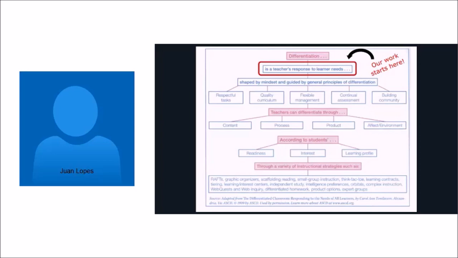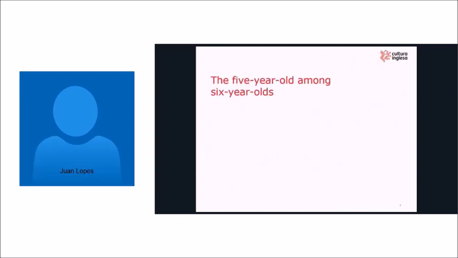But let's talk about the cases themselves. I think enough with theory here. Let's talk about how we can apply these things. Well, let's focus on the 5-year-old among 6-year-olds. Some of the ideas that we can use that come from differentiation: the first thing we need to bear in mind is what needs to be differentiated in a case like this.